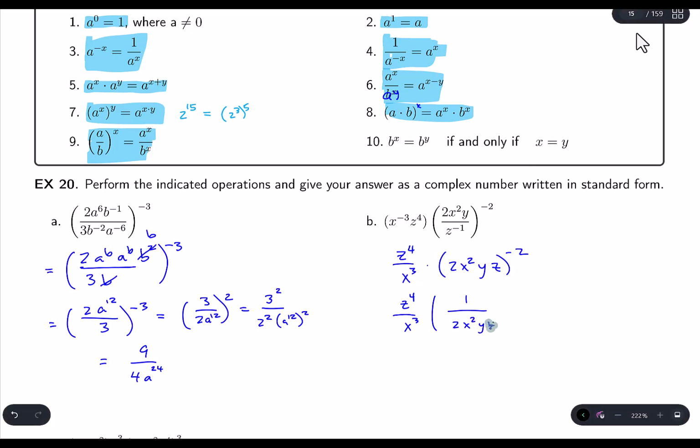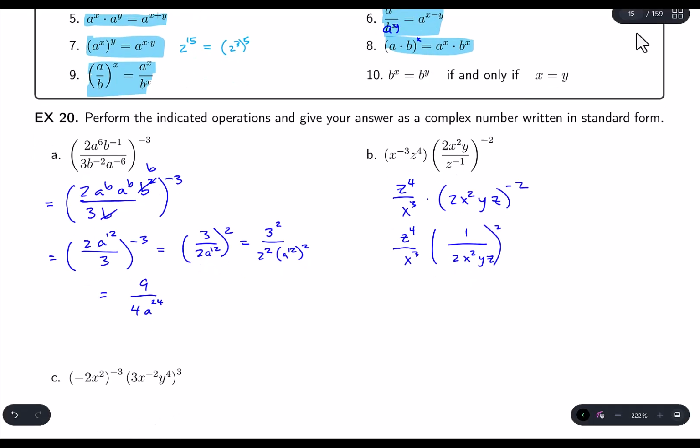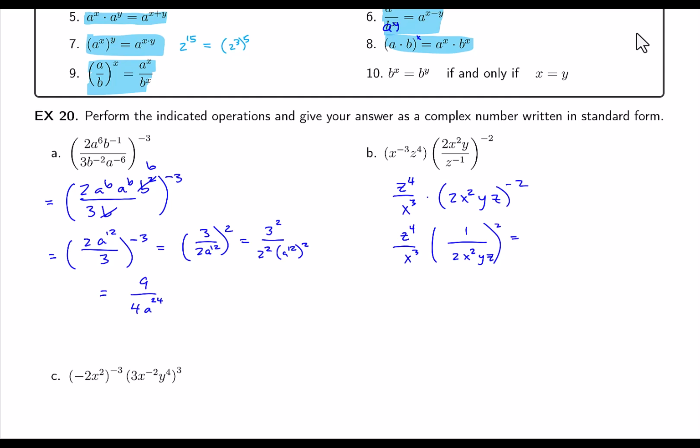That's a terrible z. Try again. But everything in those parentheses will also be squared. So I'm going to square all of that. And I'll handle this thing outside in a moment once this exponent's taken care of.